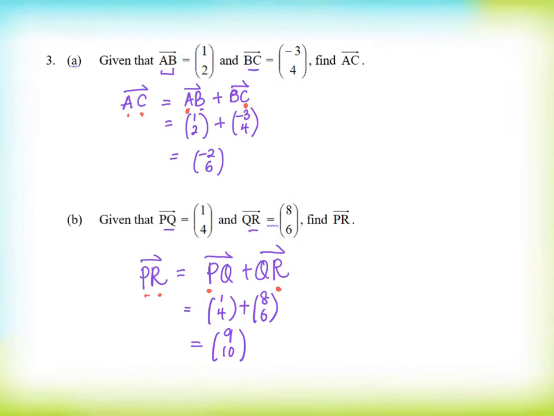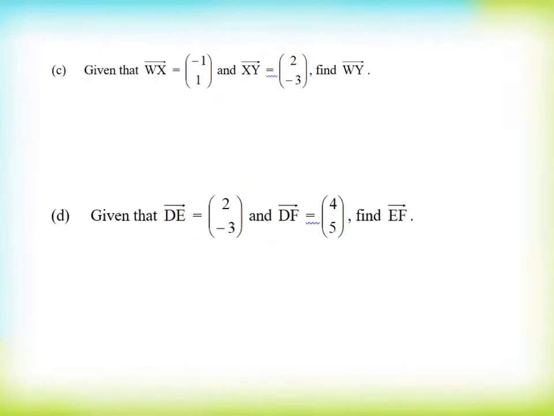Have you gotten the answer? Next one, part C. How would you like to find the answer? I need to travel from W to Y. That's my objective. So I'm going to start off with W. And where can I go to? I can travel to X. And from X, I'm going to continue my journey. And where can I go to now?